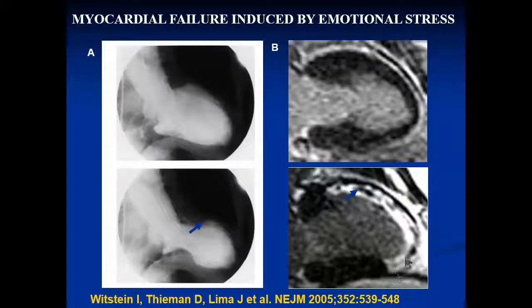And it doesn't look like chronic, so the wall is thick, and there may be microvascular obstruction. So the ejection fraction is going to be down, but you're going to see a clearly ischemic situation.